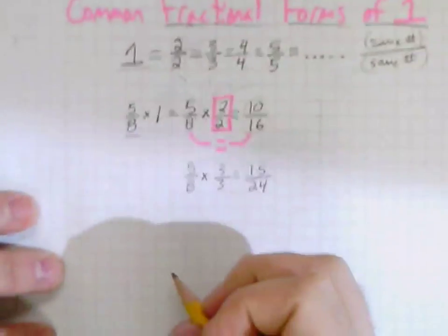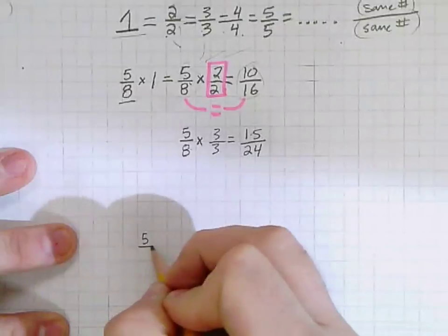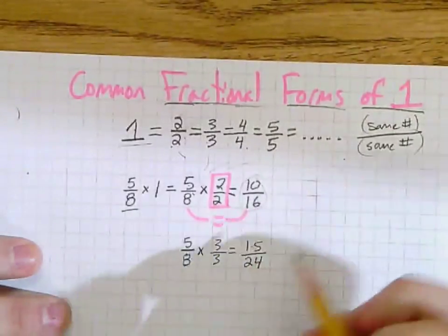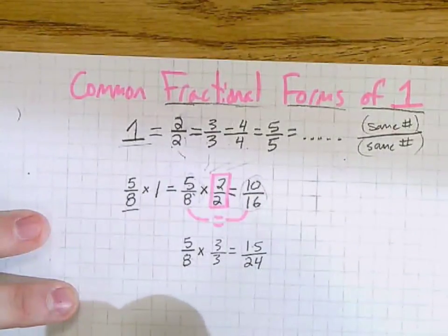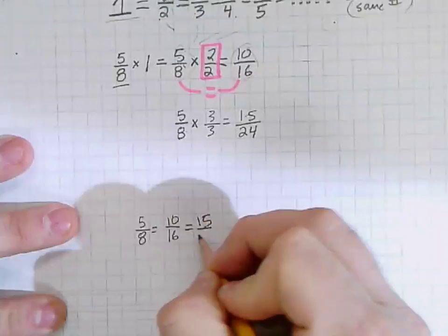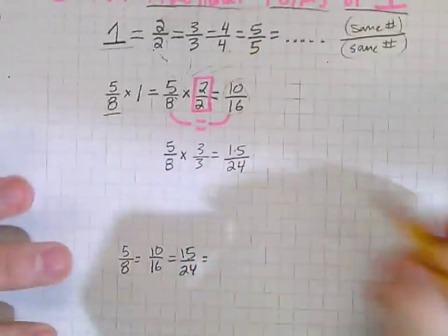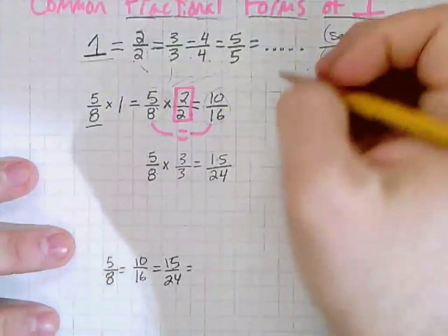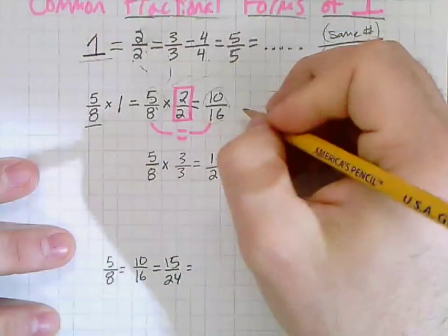So let me scooch down here, and I can start running a list. 5/8 is the same as the next one that we found, 10 over 16, which is also equivalent to 15 over 24. Let's find one more, and hopefully you just start noticing a pattern down here. If not, I'm going to point that out in the last 30 seconds of the video.